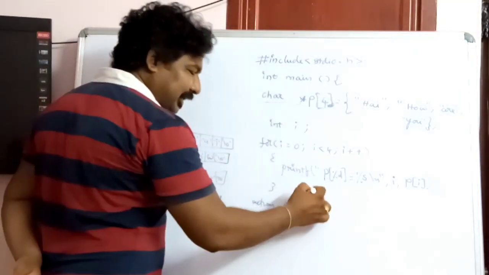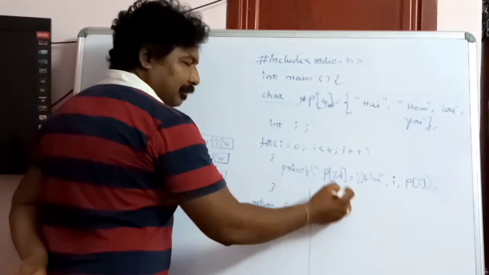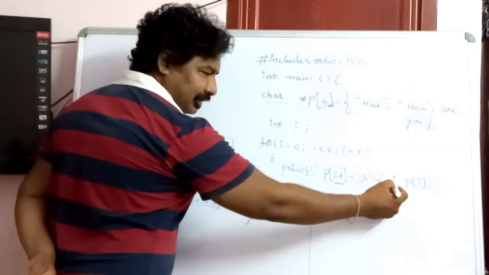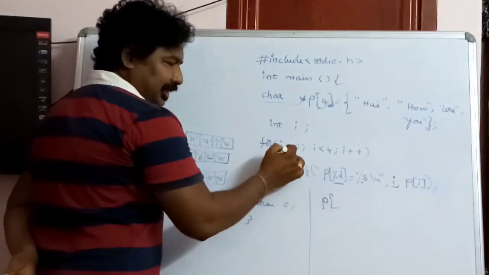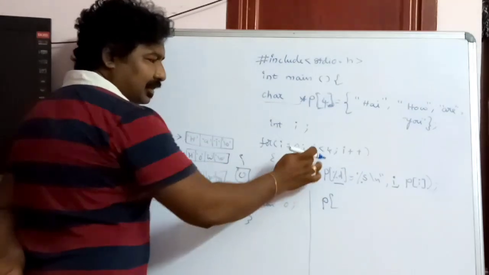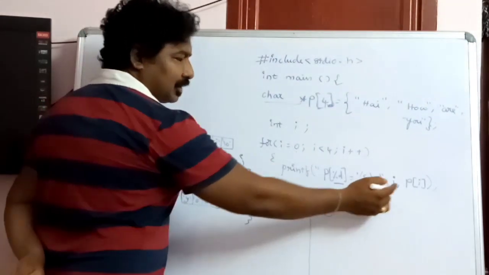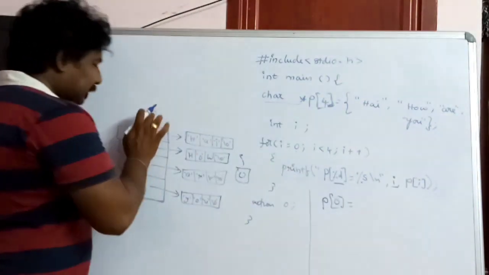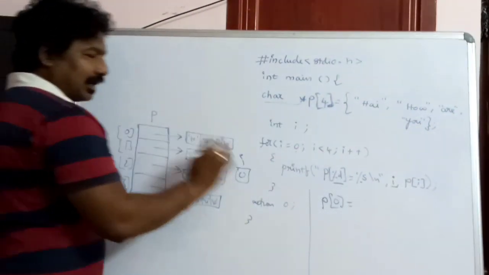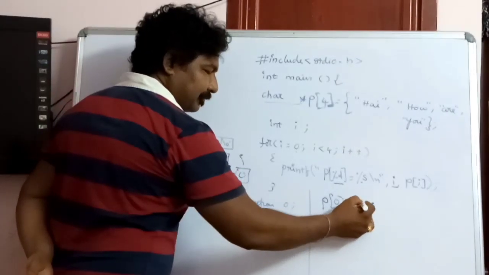So what is the output here? The output will be P of percentage d, which takes the value of i. When i is equal to 0, 0 is less than 4, you come here. P of 0, what is the string at index 0? That is hi. So this will print the string hi on the screen.